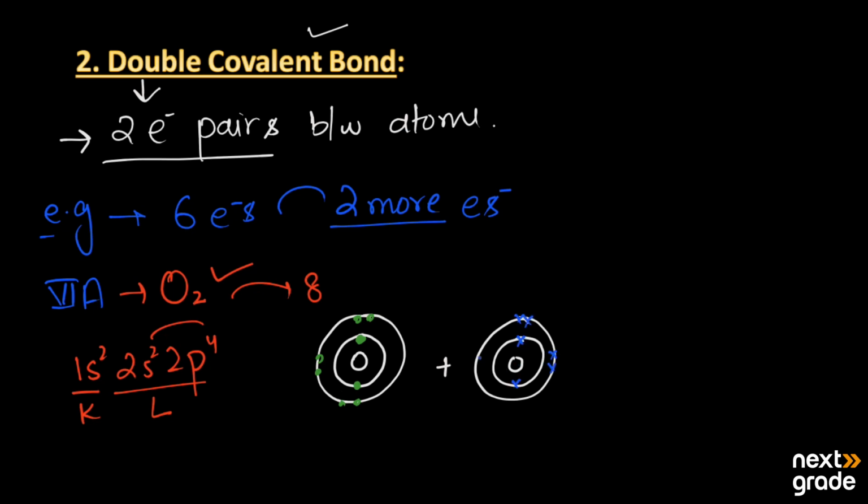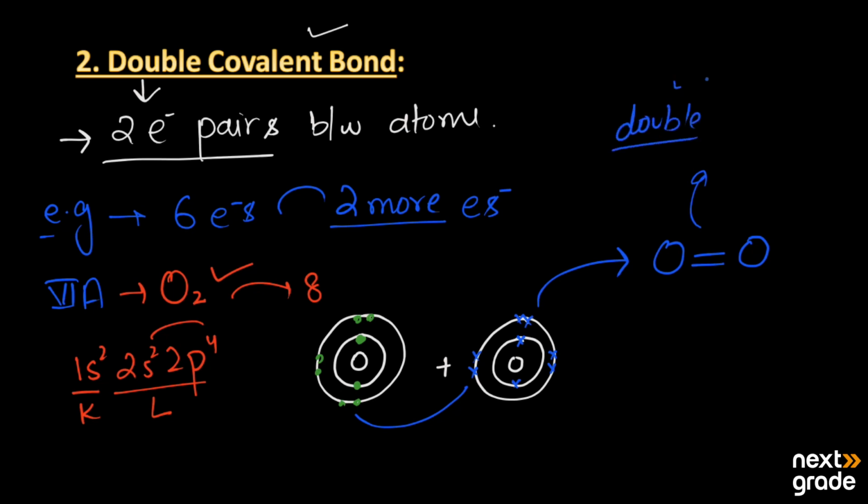Now the two oxygen atoms will share their electrons and form a bond. By the mutual sharing, that bond will be shown as a double line between the two atoms. This double line shows that the bond is a double covalent bond, and that bond is very strong.